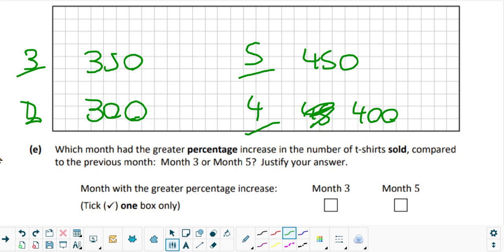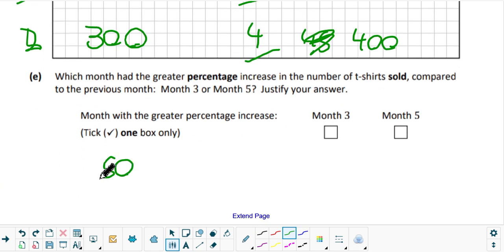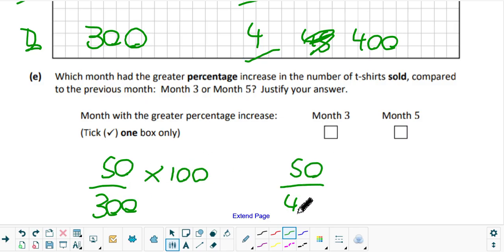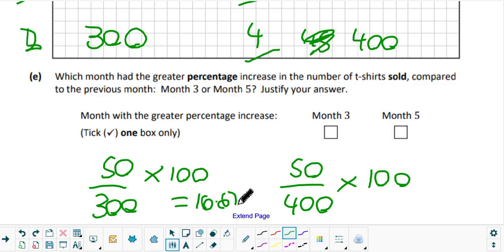So one of them's 50 out of 300, an increase of 50 compared to the previous 300. And the other one is an increase of 50 compared to the previous 400. And if you turn them both into percentages, you'll see which one's the bigger increase. This one's 16.67%, while I'm pretty sure this one is 12.5%.